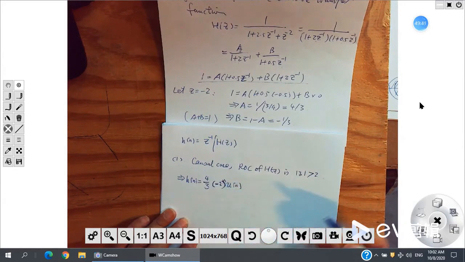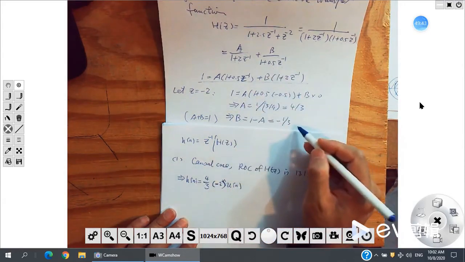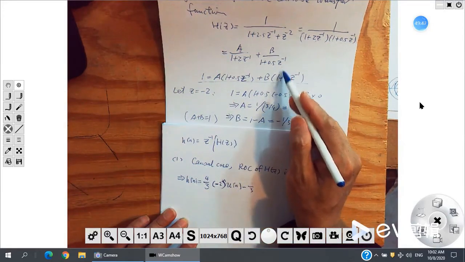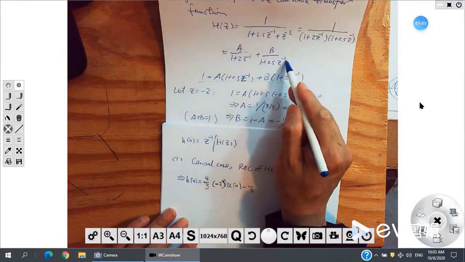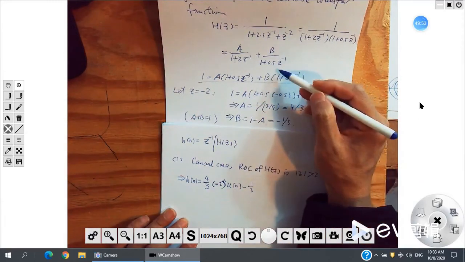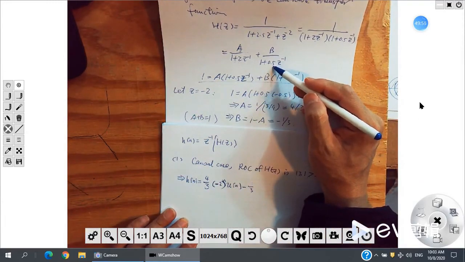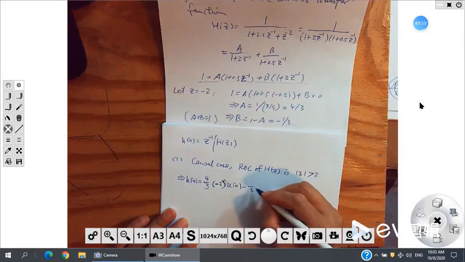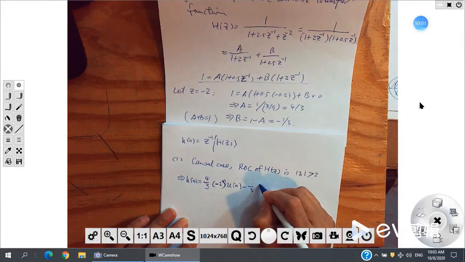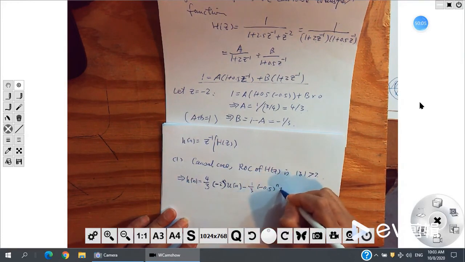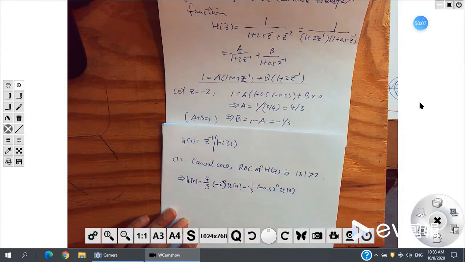Okay, and the second is B. B is negative 1/3, times this part. So the RC is larger than 2, and of course larger than 0.5. So this one is also on the larger side, right? So I use negative 0.5 to the n, u of n. Okay, it is this one.